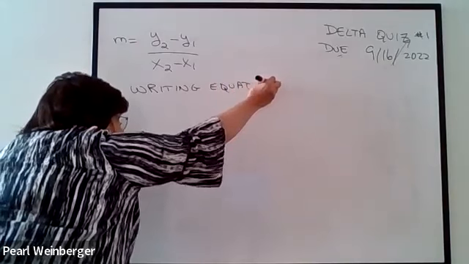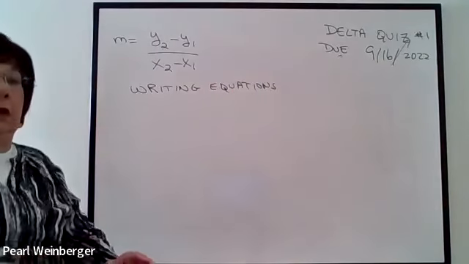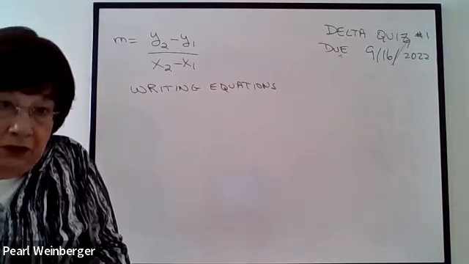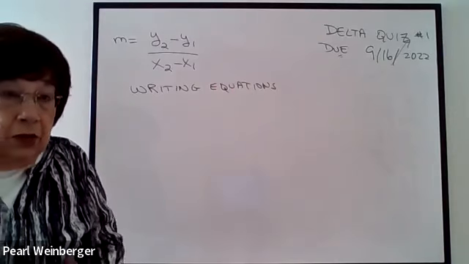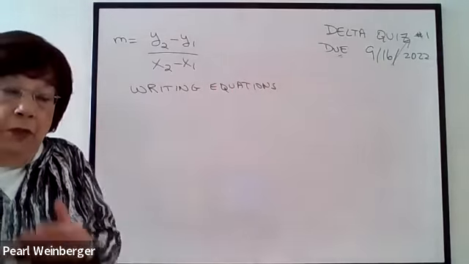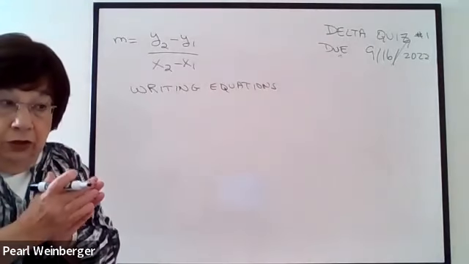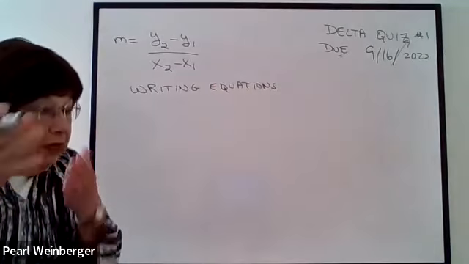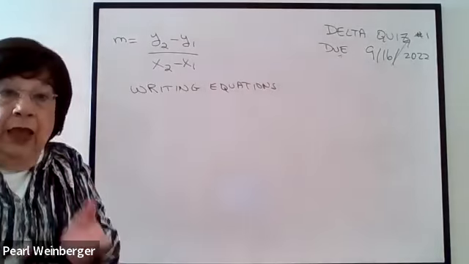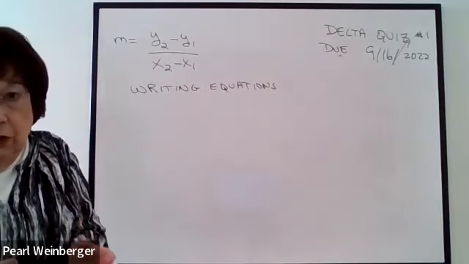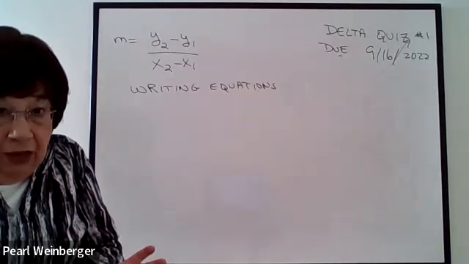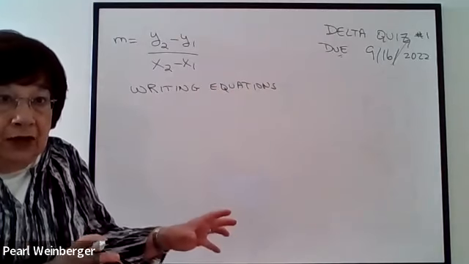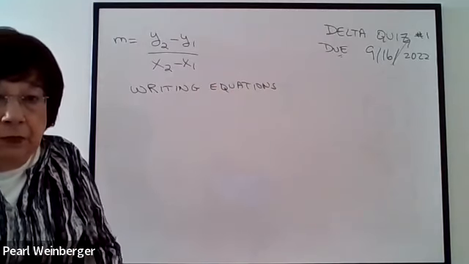What does that mean? Well, we started this whole discussion of linear equations by looking at an equation, something like y equals negative 2x plus 3, and I said, graph it. You had the equation, you wanted to find the picture of the line.